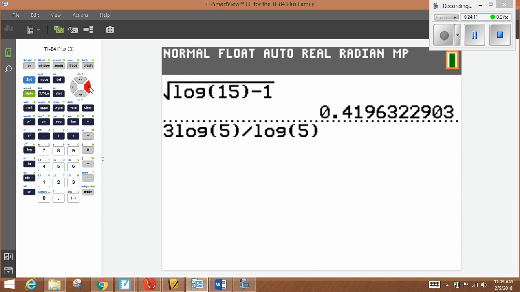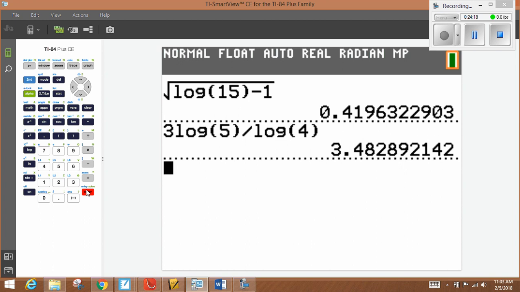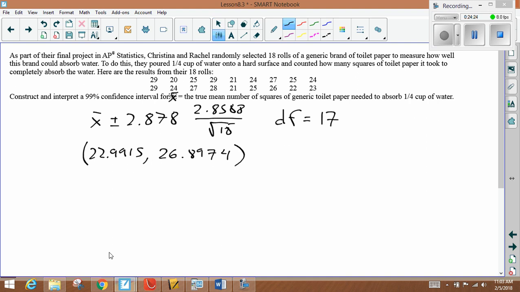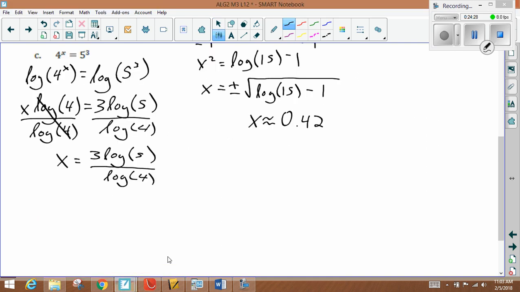So that's a 5, and here is 4. And we get approximately 3.483. Okay? Oops, that is statistics. So we get x is approximately 3.483.